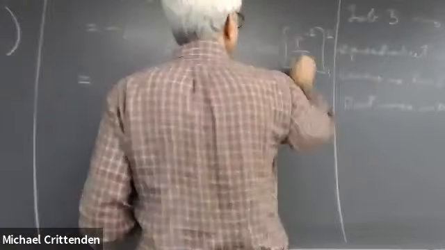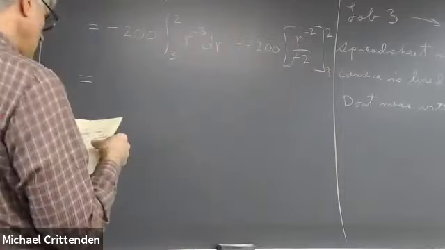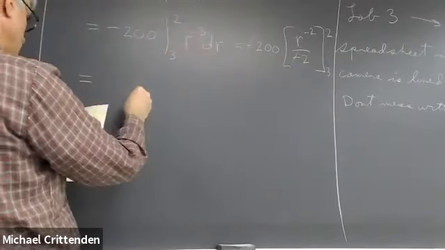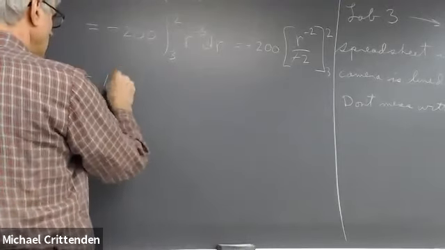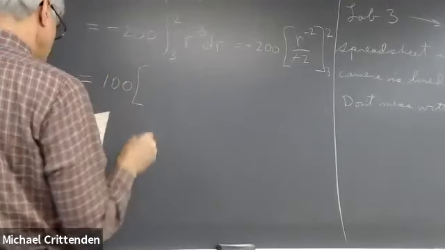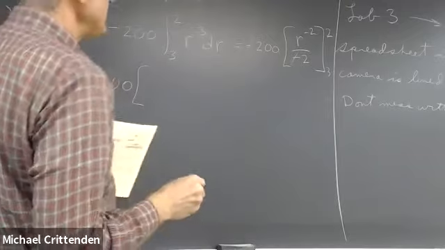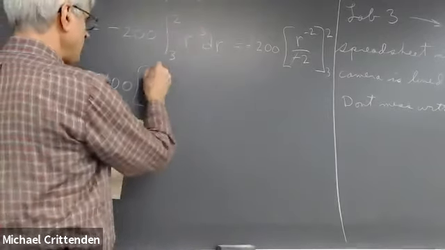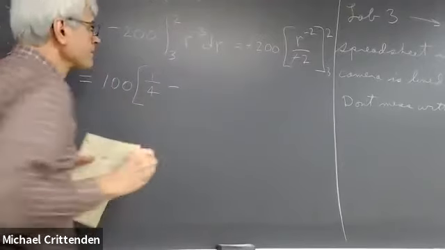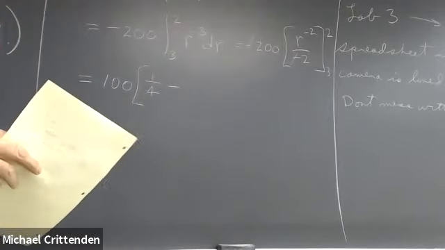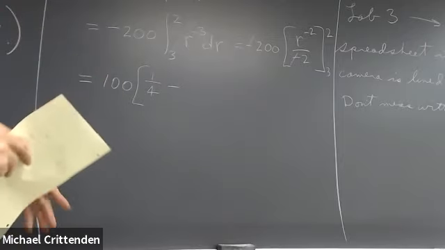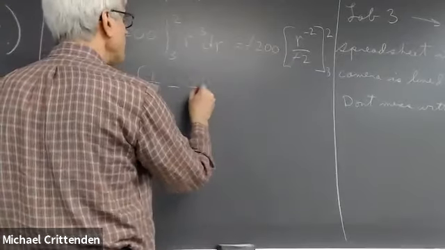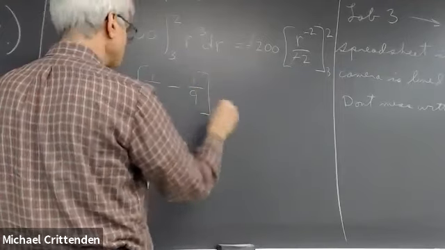This minus sign cancels that minus sign. And for that matter, 200 divided by 2 is 100. So you fill in the 2, and 2 to the minus 2 power is 1/4. And then 3 to the minus 2 power is better known as 1/9.